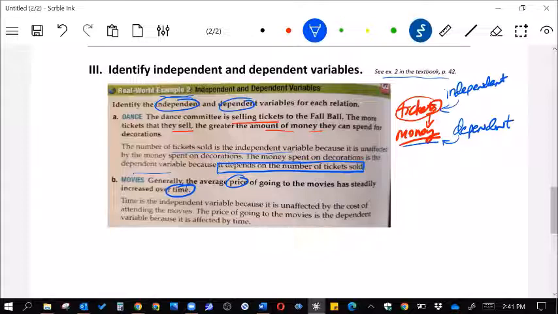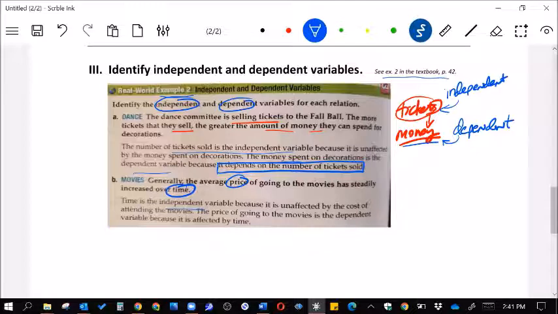Well, this tells you time is independent because it's not affected by the cost. So the price doesn't affect how many years, how many months, how often people have gone. Actually, it does. Let me rephrase that here.